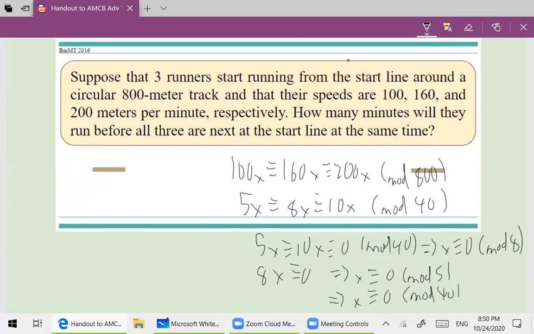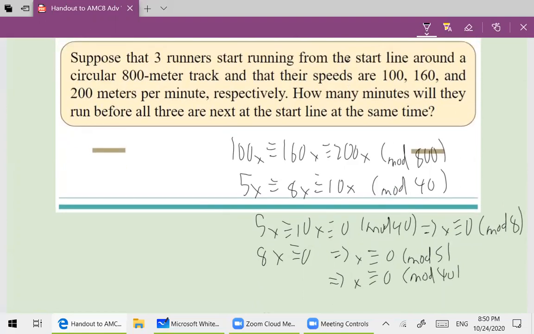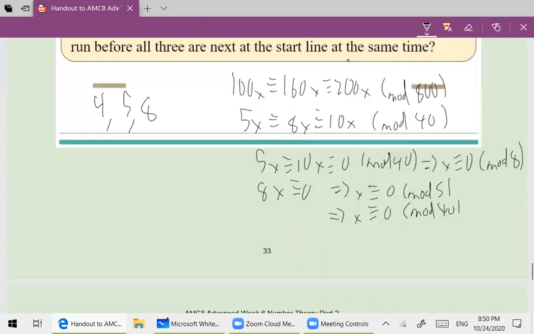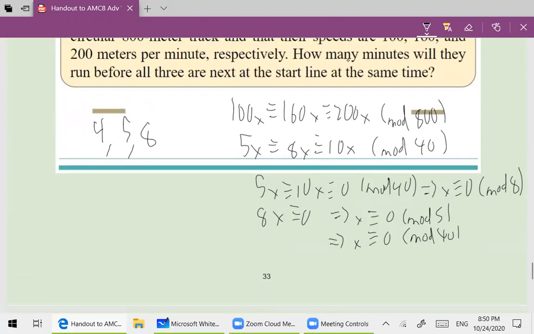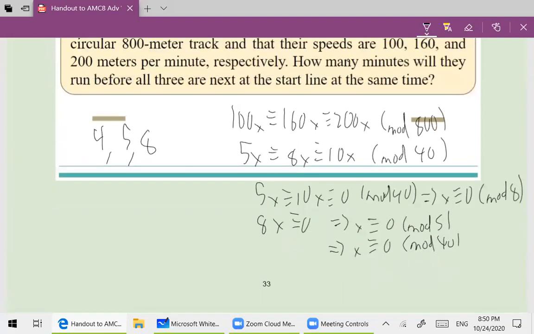And we can check that this is true by seeing that the runners need 4 minutes, 5 minutes, and 8 minutes, respectively, in reverse order to run a full lap, and their LCM is 40 minutes.